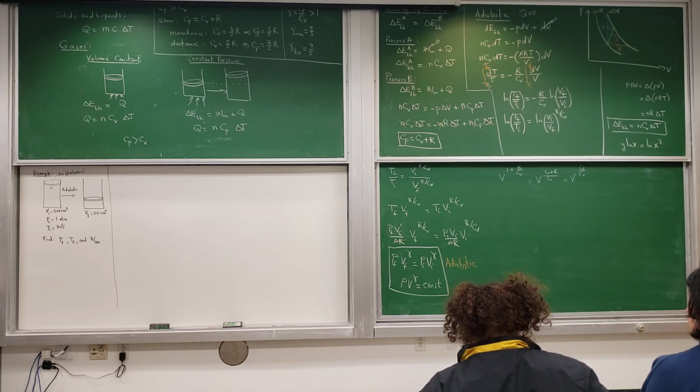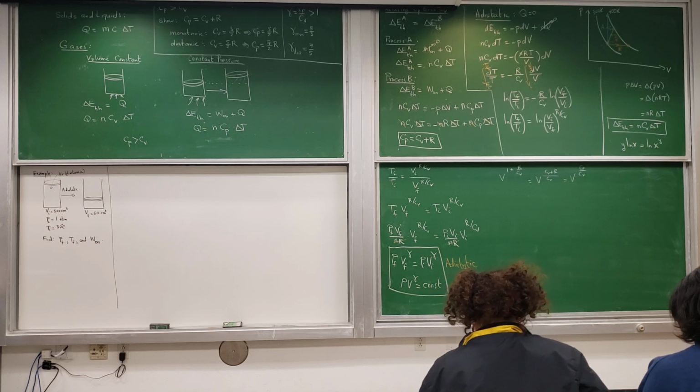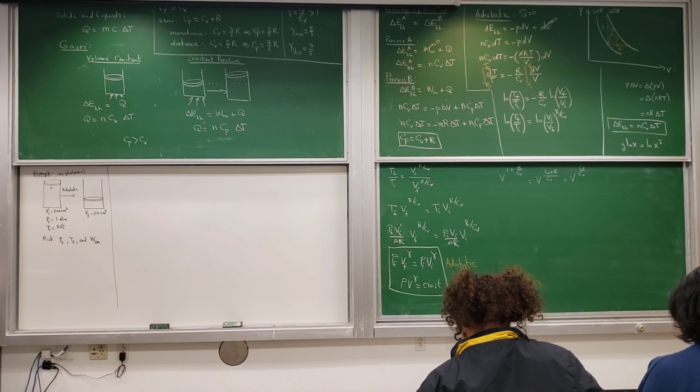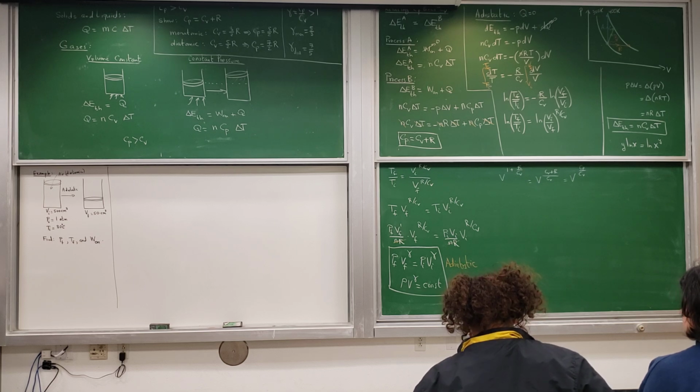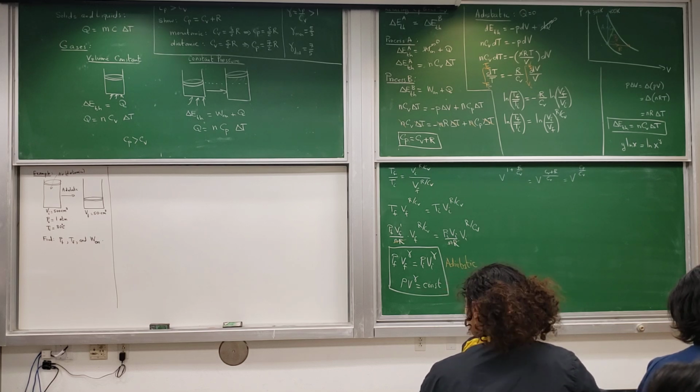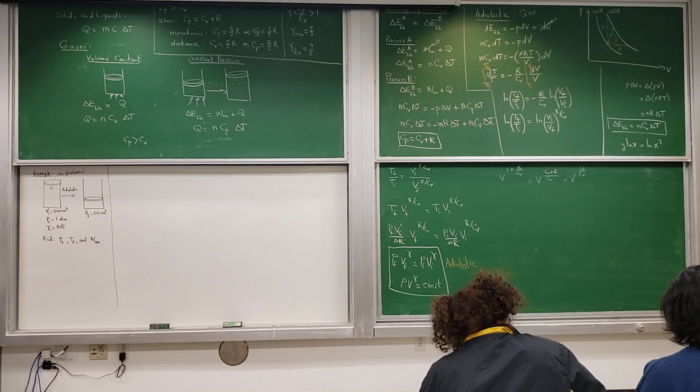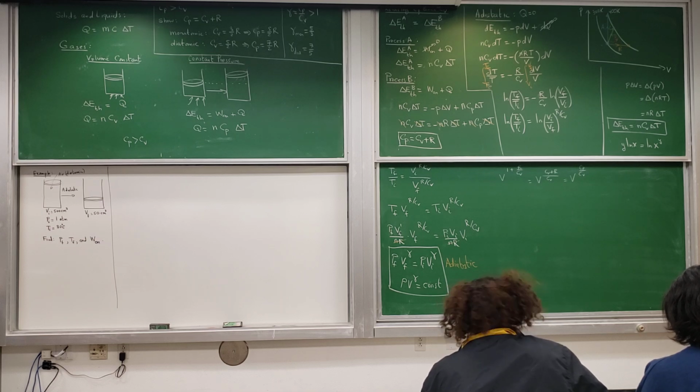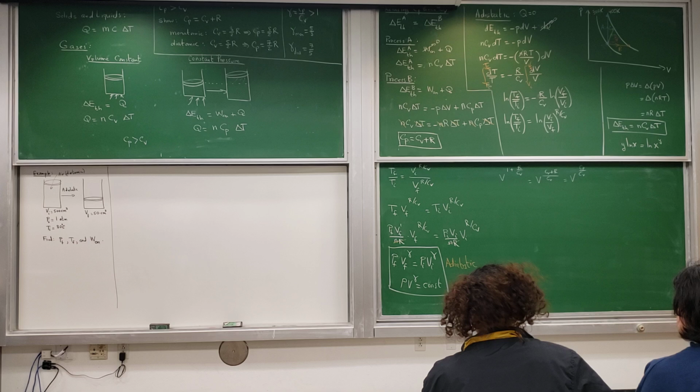The initial volume is 500 cubic centimeters. The final volume is going to be 50. Not to scale, the drawing. It's going to be a tenth, right? You crushed it, it became a tenth. The initial pressure is 1 atmosphere, and the initial temperature is 30 degrees Celsius.